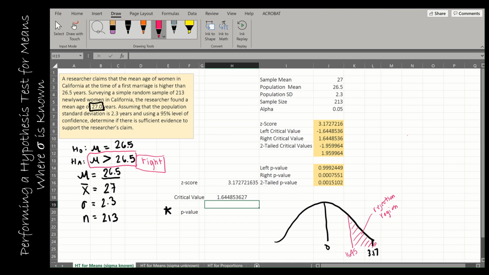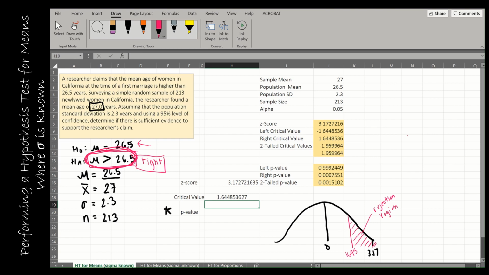Again, if I reject the null, which is what I did, I'm supporting the alternative. So notice when I said my conclusion, there's evidence to suggest that the mean age of first marriage for women in California is higher than 26.5 years, is just this alternative hypothesis in words.